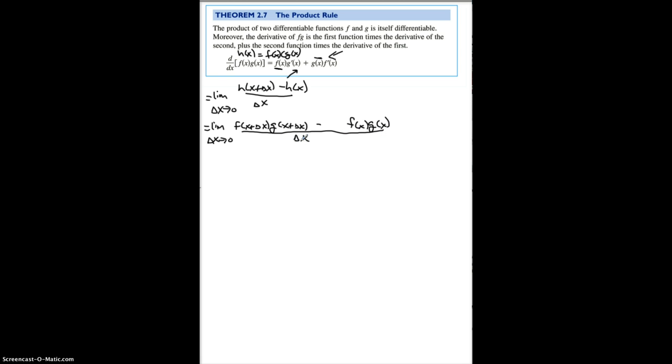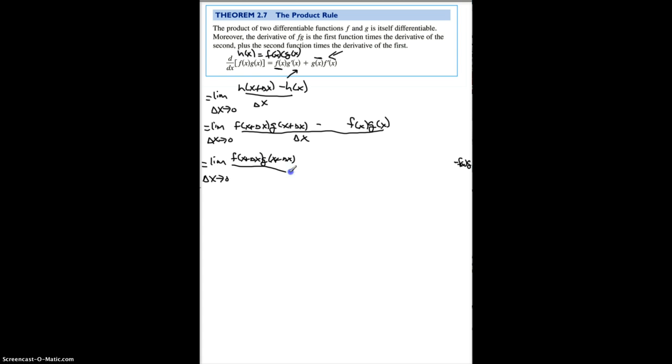Now I can add 0, and I will not change this function at all. So what I'm going to do is I'm going to rewrite this as a limit as delta x goes to 0 of f of x plus delta x, g of x plus delta x. And way over here, I'm going to put minus f of x, g of x.